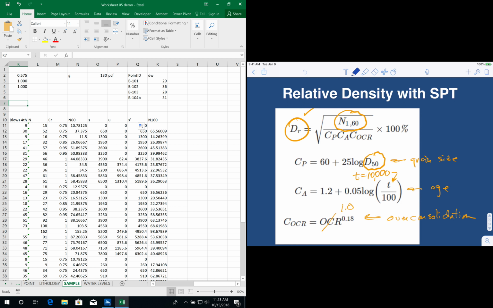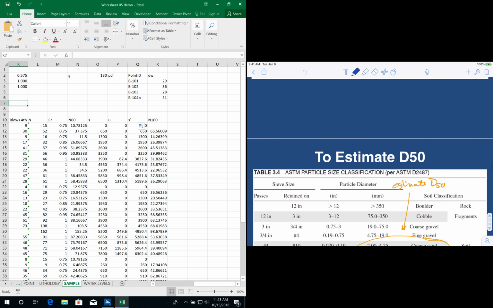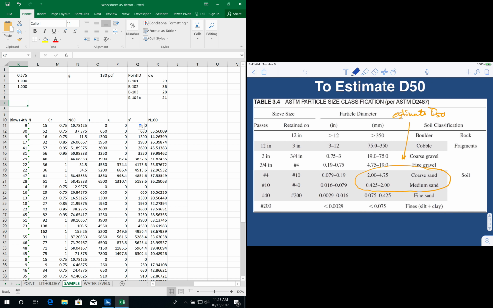And so we can look at different grain sizes, and we have a well-graded sand, so our sand is going to be somewhere in between, say, 4.75 and 0.075 millimeters.